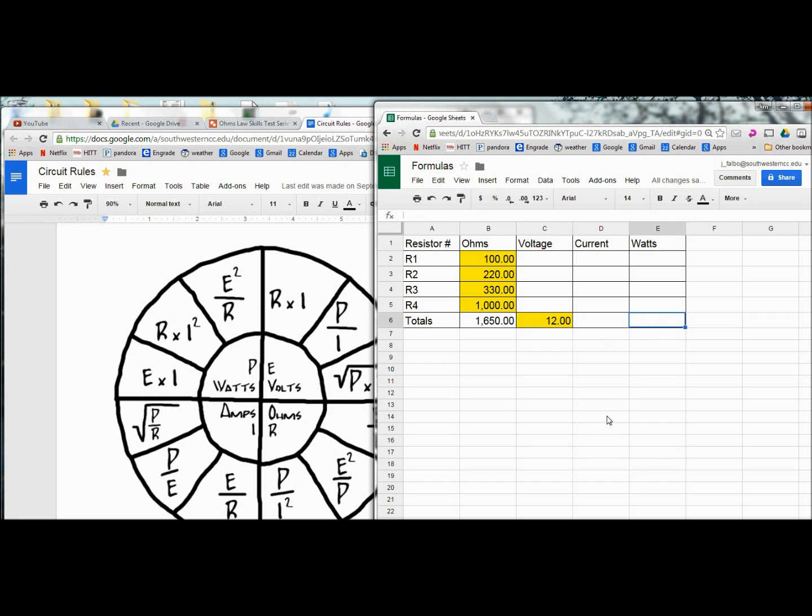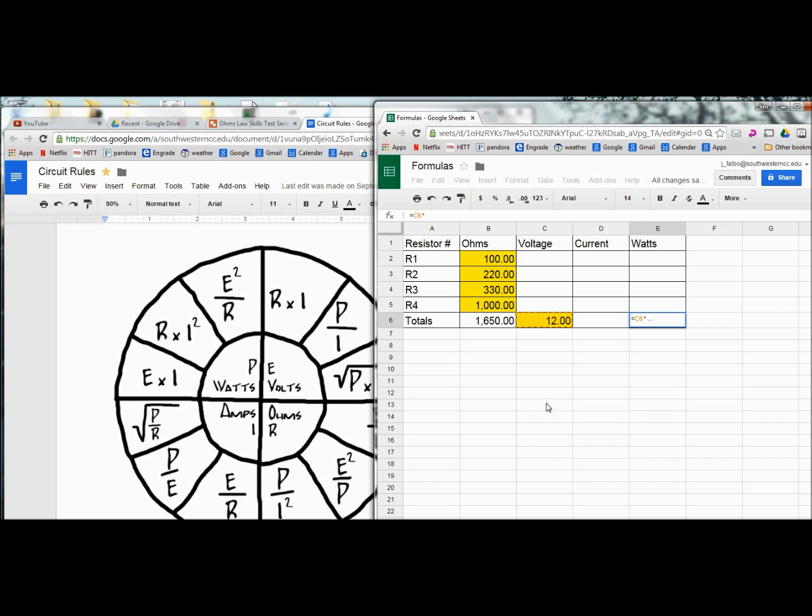So I press equals because I immediately am telling this cell I want you to perform a formula, an operation. And I want you to take whatever the total voltage is, whatever's in this cell, and I want you to square that. And you do that by pressing Shift and the number 6. And you get this funny little caret sign.